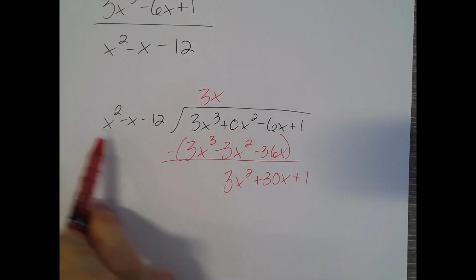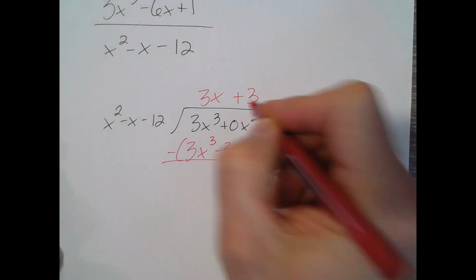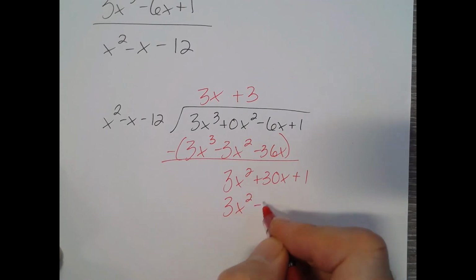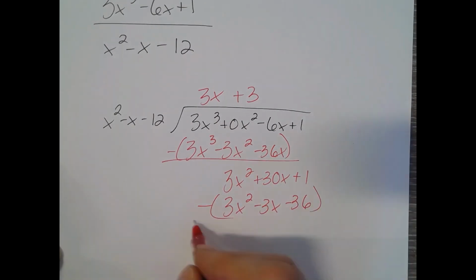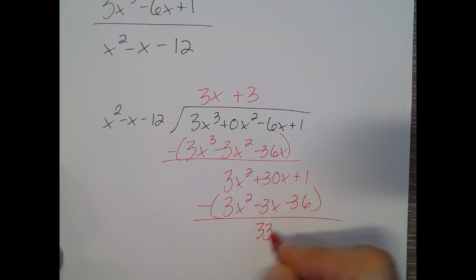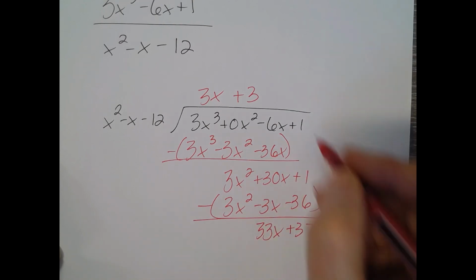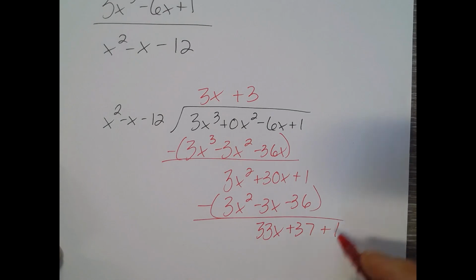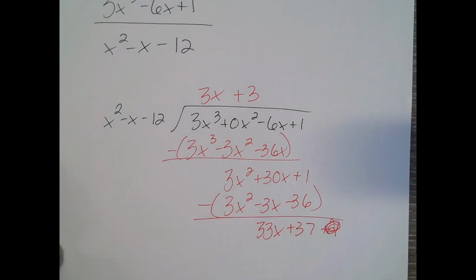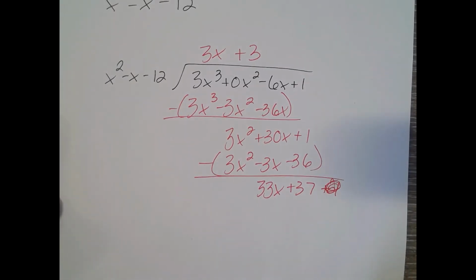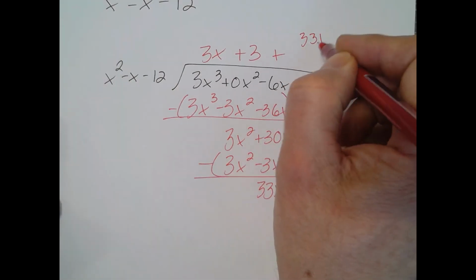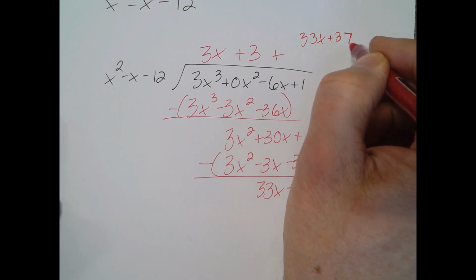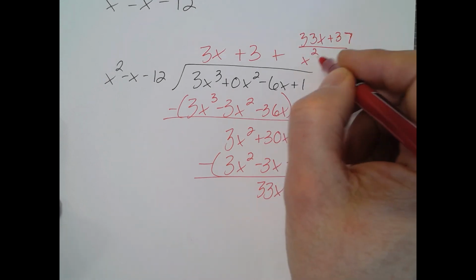And x squared goes into 3x squared 3 times, so 3x squared minus 3x minus 36. Subtract. Oh, I already brought down the 1. Don't need to bring it down again. All right, so there's my remainder: 33x plus 37 over our trinomial x squared minus x minus 12.